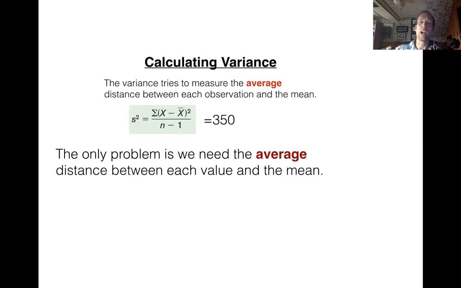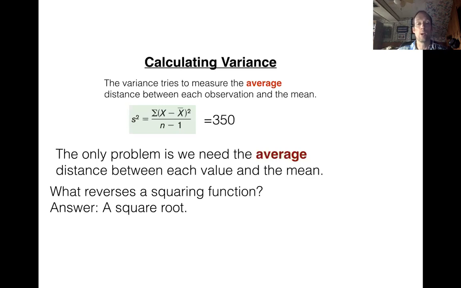So how do you do that? Like, how do you go from the average square distance each number is from the mean to the average distance each number is from the mean? Well, what undoes a squaring function in math? And the answer to that would be a square root. So this is where we're going to introduce the standard deviation. The standard deviation has a shorthand symbol.